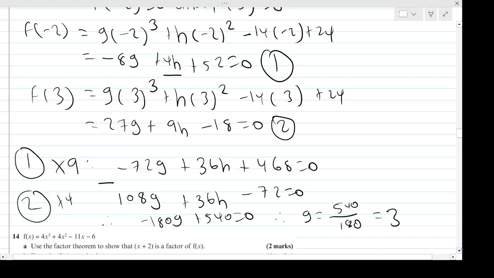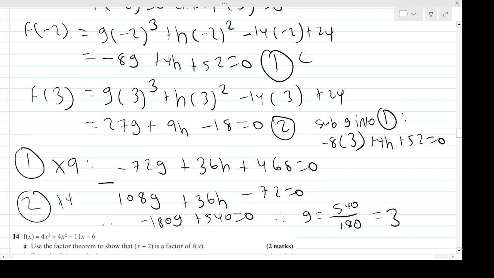There we are. So I got g is 3, but then I can find h by substituting that back into either equation. So I'm going to substitute it into the first one to find h. If g is 3, then minus 8 lots of 3, add 4h, add 52 equals 0.